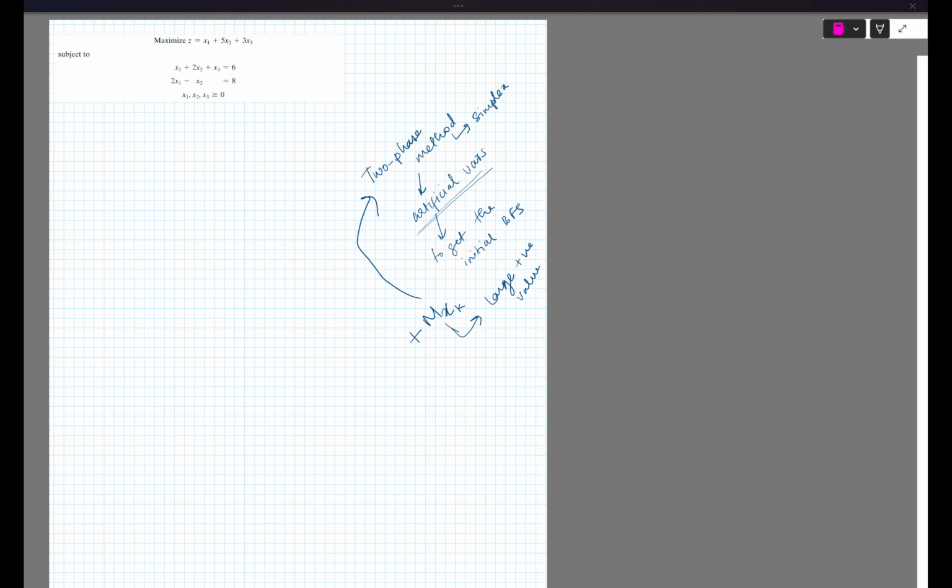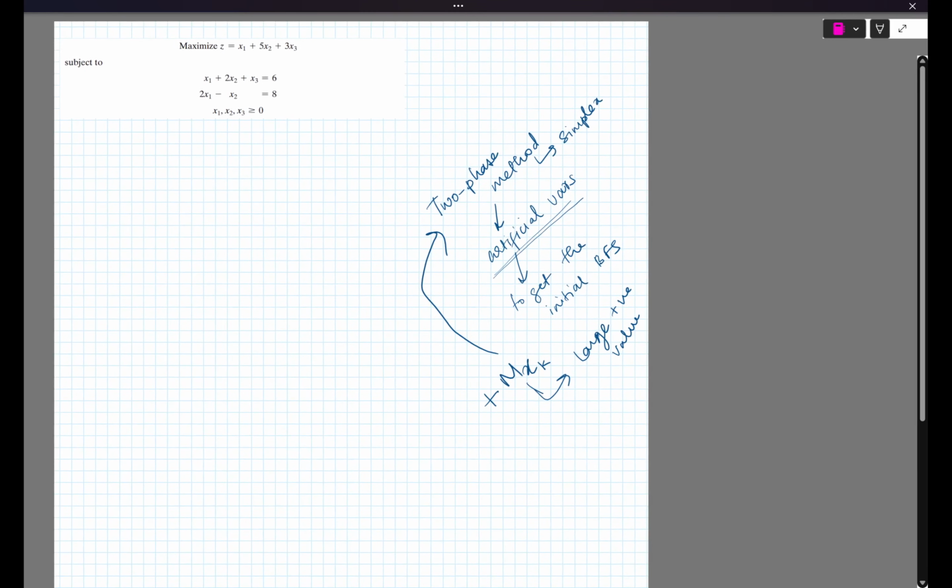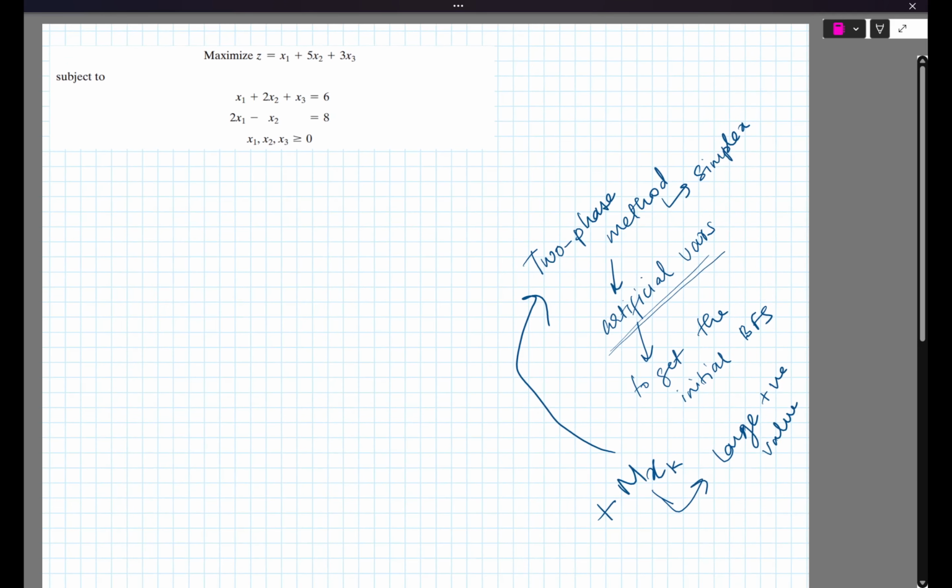Okay, so we'll solve some problems which include these methods. Let's look at the first question.